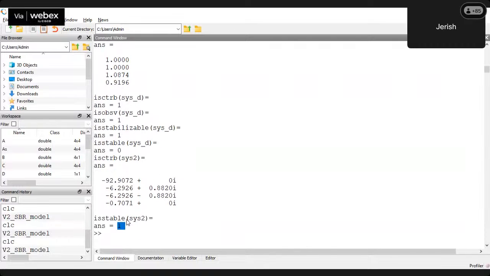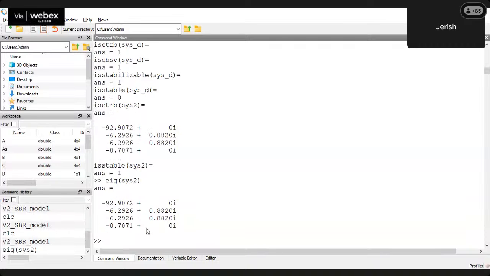And if we now see the eigenvalues of sys2, this is a continuous domain representation of the output system after applying LQR control. All the poles, the eigenvalues, are on the left half of the complex plane. There are some imaginary parts, but still the real part of it is on the left half of the complex plane, which means this is a stable system.